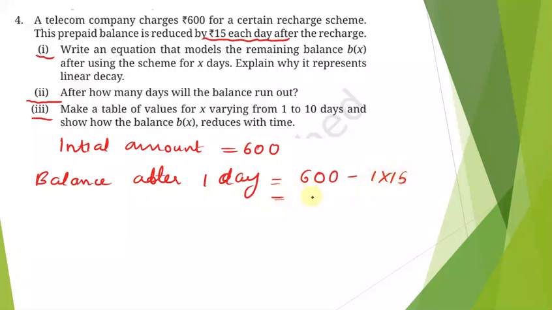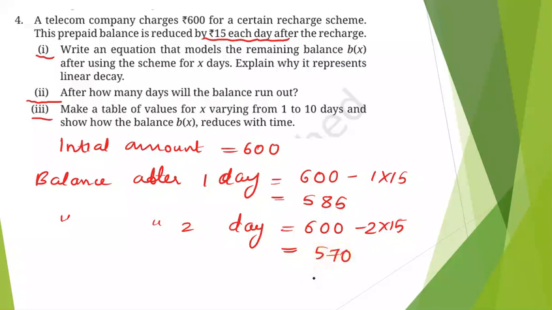That is 600 minus 15, you will get 585. Now balance after 2 days will be 600 minus 2 into 15, that will be 570. Now, if it goes like that, and we take the number of days as x, then after x days, b of x can be represented as 600 minus 15x. Isn't it? After x days we can represent b of x is equal to 600 minus 15x.